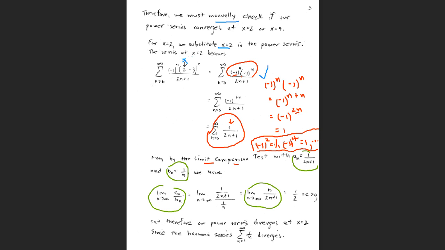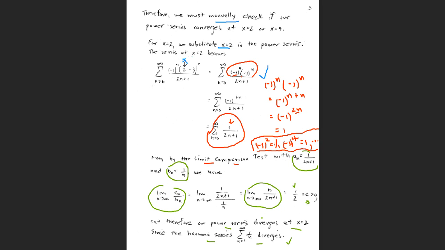But that limit will just equal a half. And because the ratio of the terms gives you a positive constant, that means our power series has to diverge at x equals 2, because the harmonic series diverges.